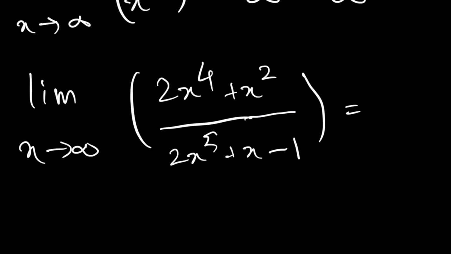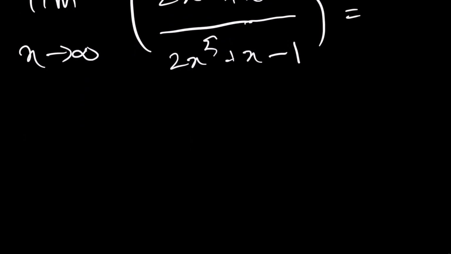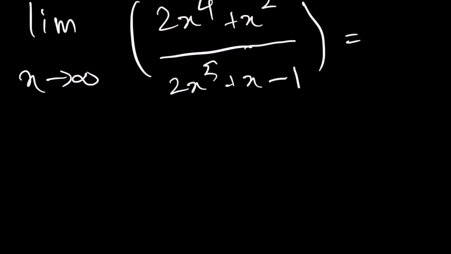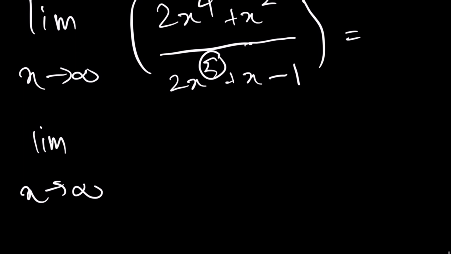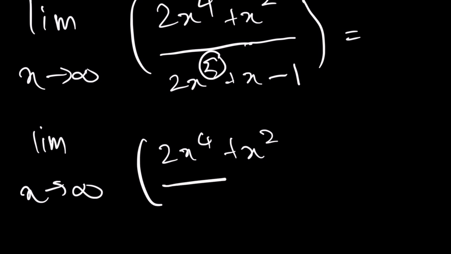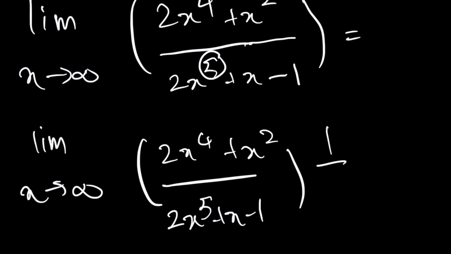So now the first thing we're going to do here, again, is to multiply by 1 over the highest degree of x, which in this case is 5. So we'll get the limit as x approaches infinity of the function 2x^4 plus x squared over 2x^5 plus x minus 1, times 1 over x to the power of 5.